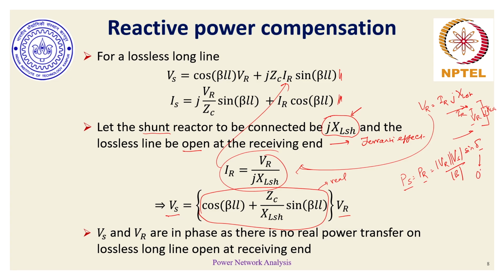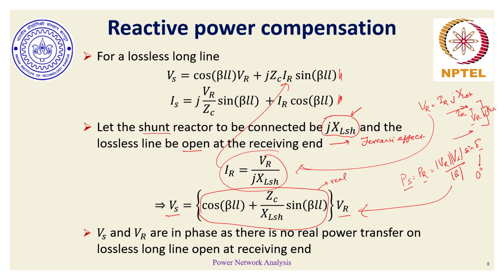Delta is perfectly zero, which is indicated by this expression here. This is only about the phase angle difference. We still don't know what would be the magnitudes of Vs and Vr.